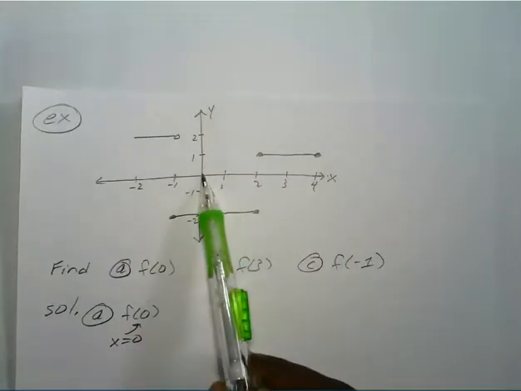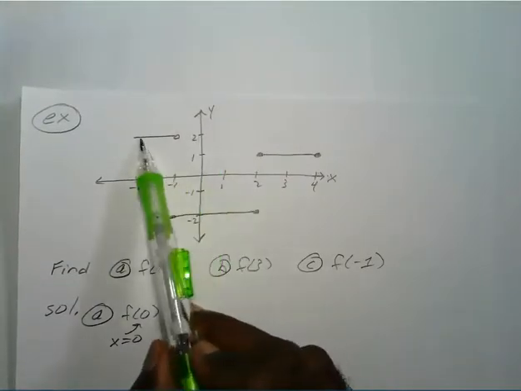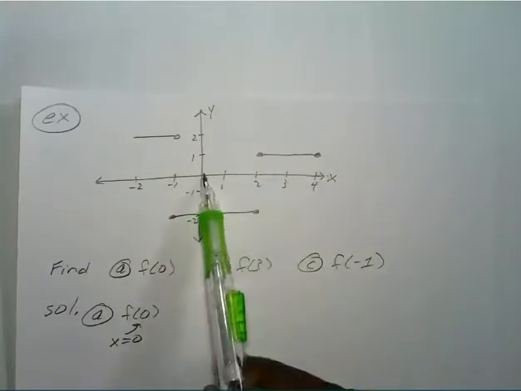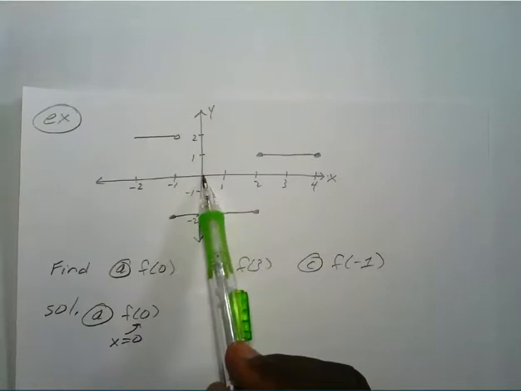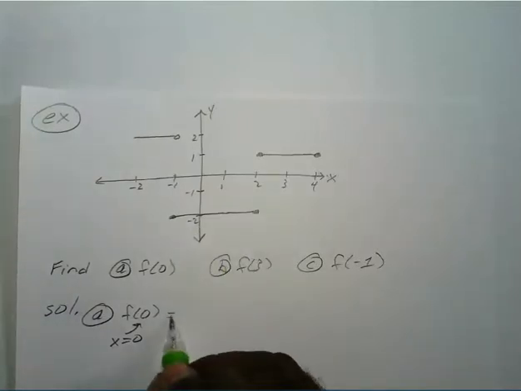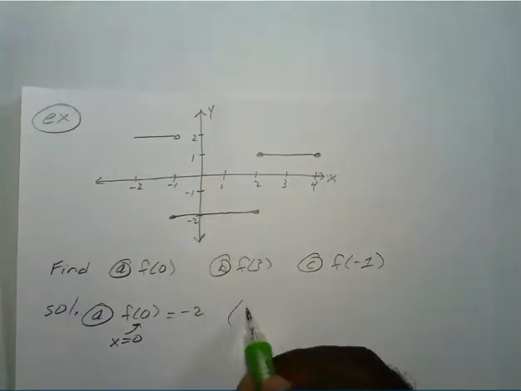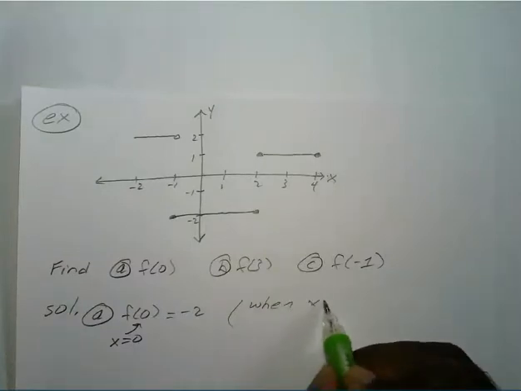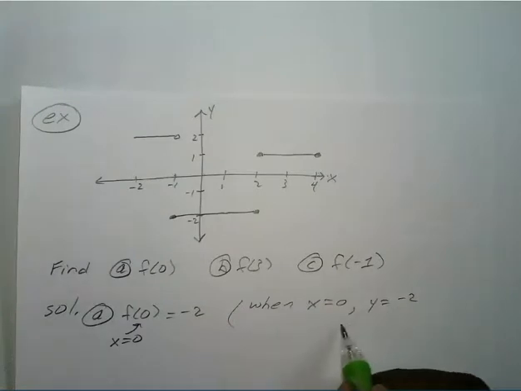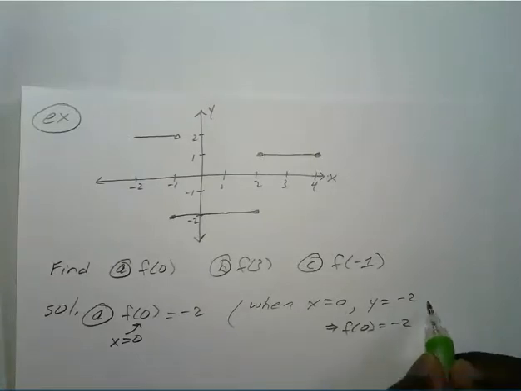So when x equals 0, what part of the graph has a y value? This one stops before it gets over x equals 0, and this one isn't over x equals 0. But when x is equal to 0, y is equal to -2, so f of x is equal to -2, which gives you f of 0 equals -2.